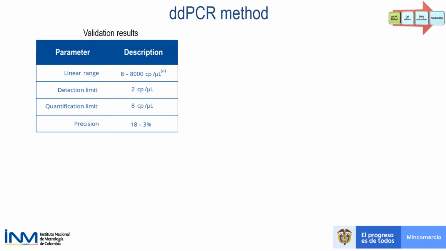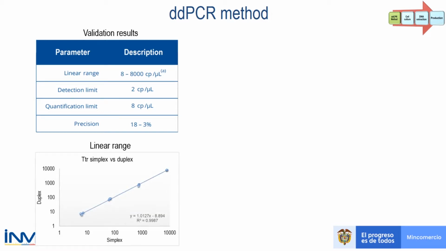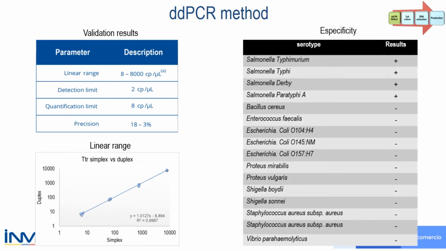A detection limit of 2 copies per microliter and a quantification limit of 8, corresponding to the lowest level of the linear range validated. The precision in the validated interval was between 18% for the lowest concentration level and 3% for the highest one, measured as a relative standard deviation over the evaluated span.